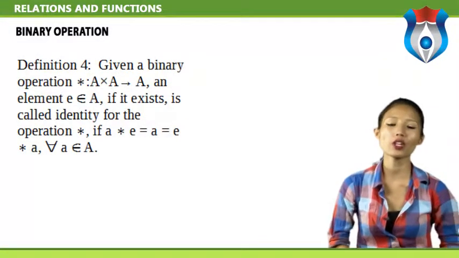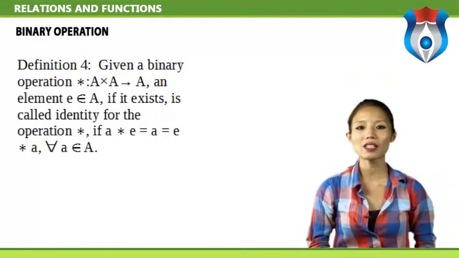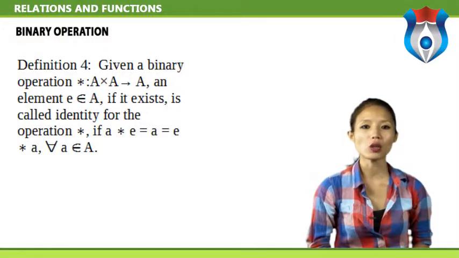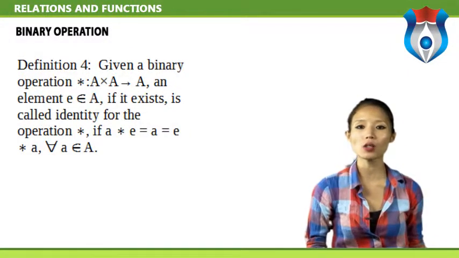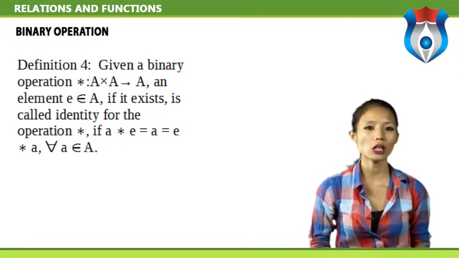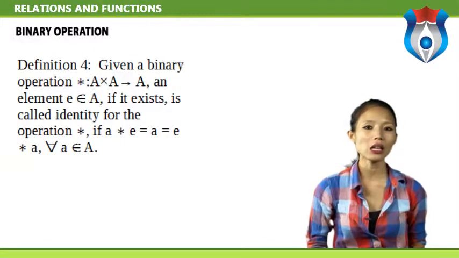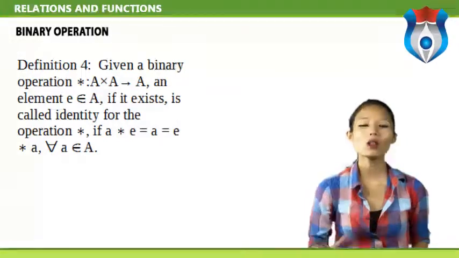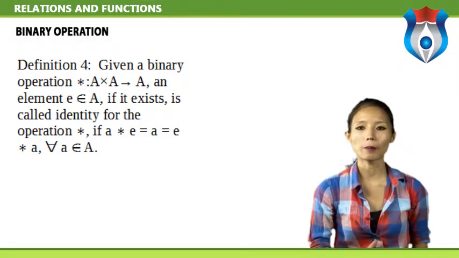Given a binary operation *: A × A → A, an element e belongs to A, if it exists, is called identity for the operation * if a*e is equal to e*a is equal to a for all a belongs to A.